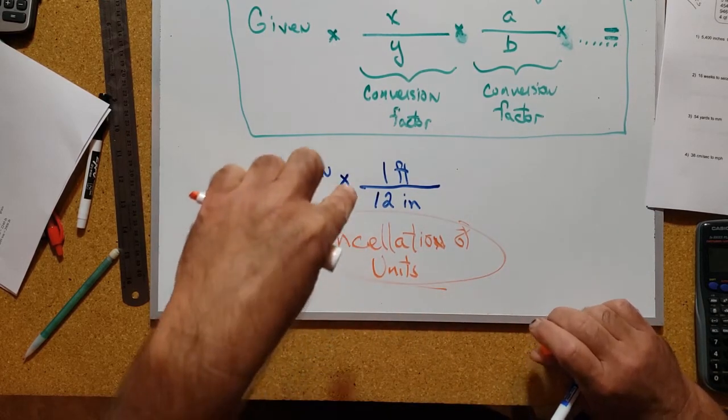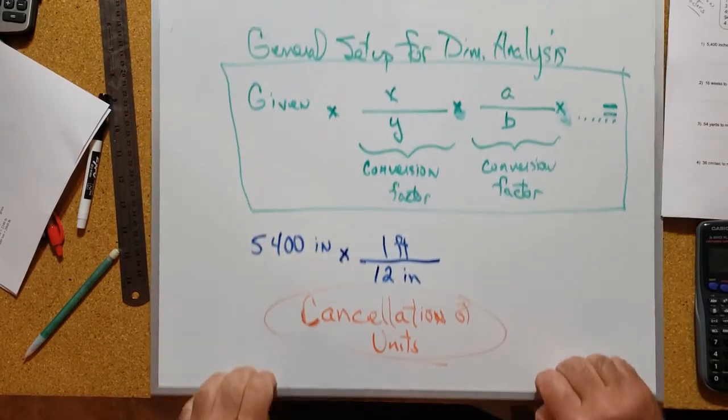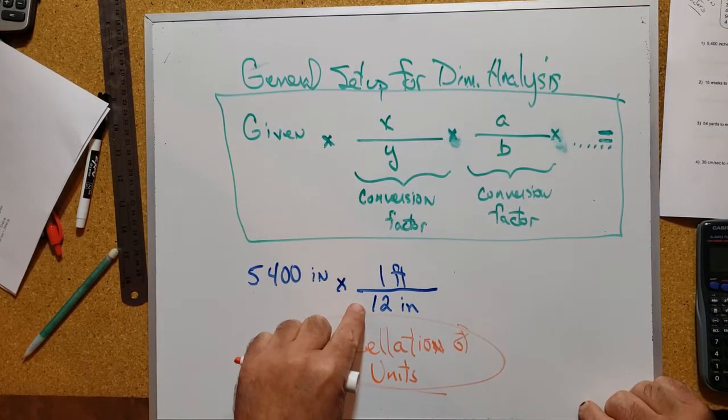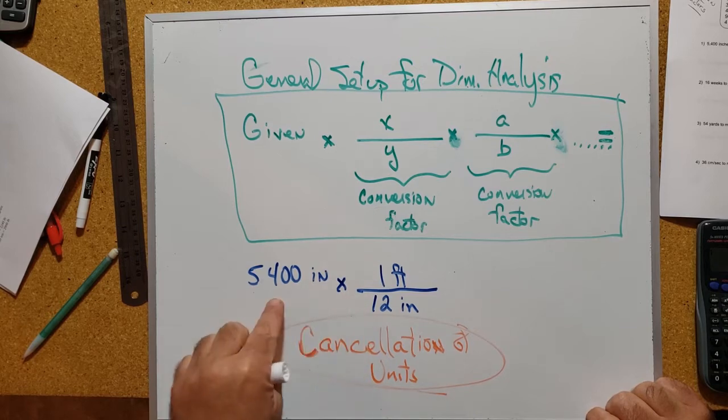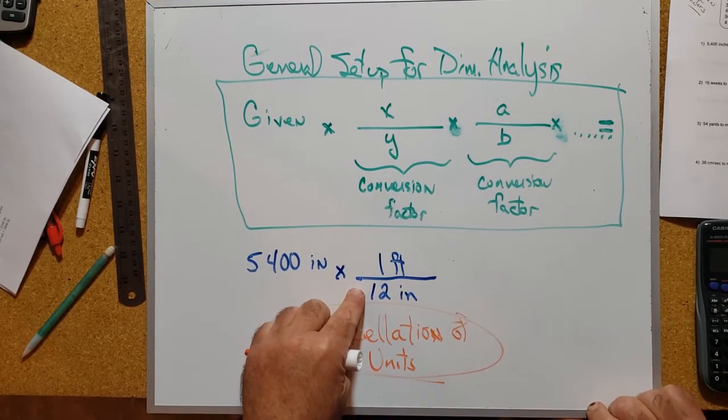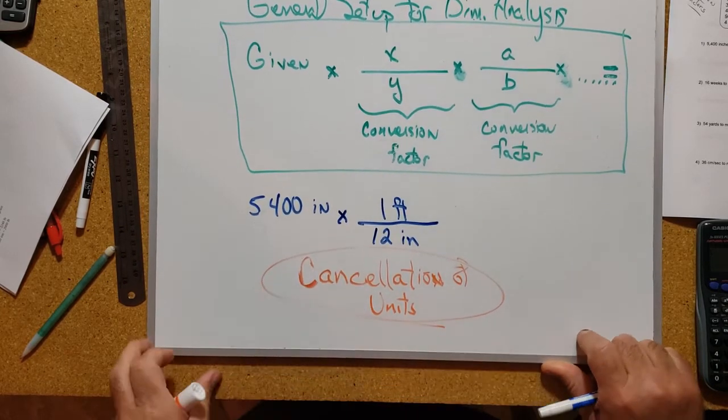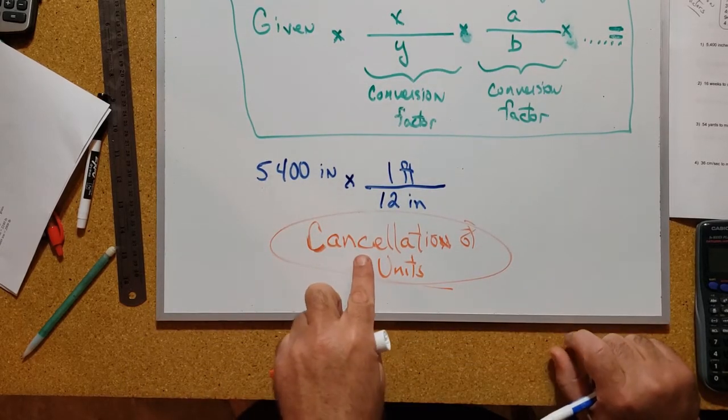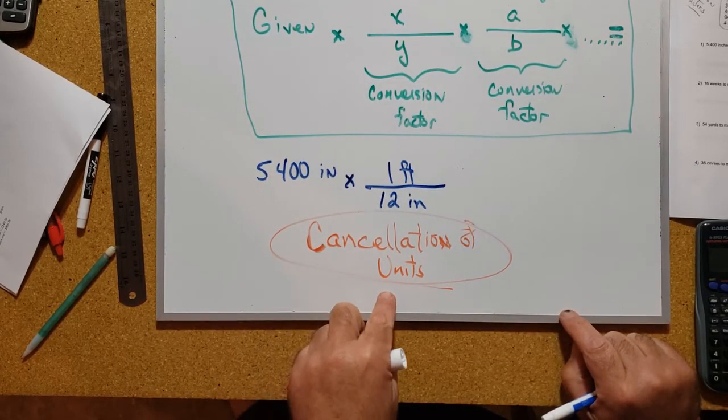Every one of these conversion factors that you're going to stick in this equation after you write down the given is set up with one intent, and that is at each step you want to cancel units.